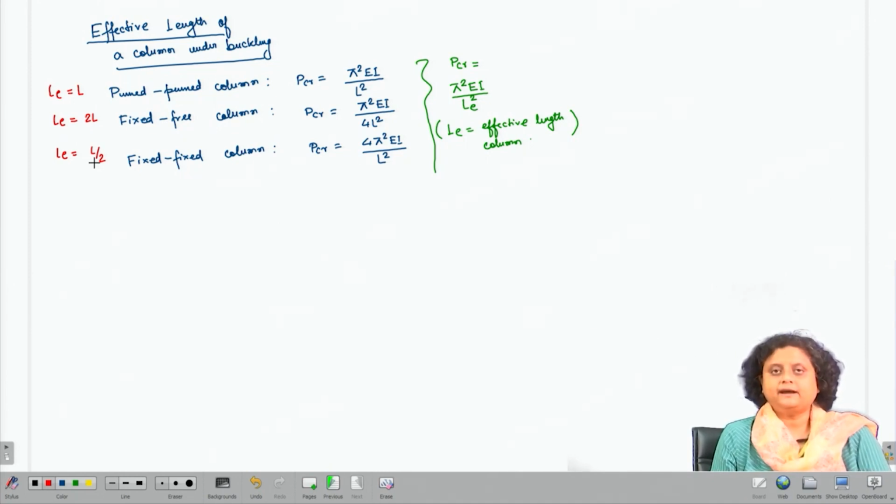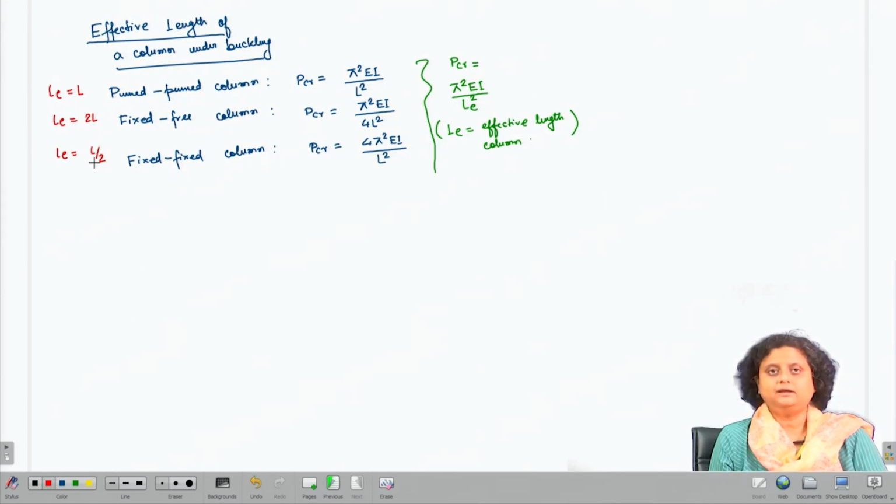So, this is what is meant by effective length of a column. There is one more thing that I want to discuss at this point. We can see that the capability of a column to withstand buckling load depends strongly on the boundary condition.